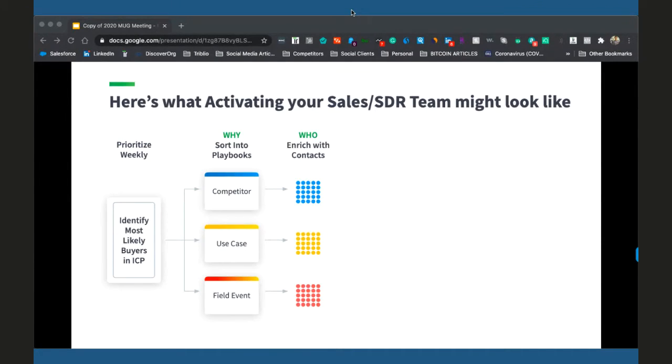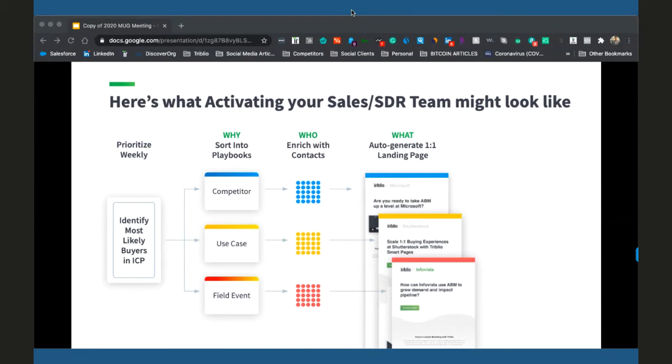So enriching their contacts. And you definitely want to consider creating one-to-one types of assets that they might use within their cadences. So we have a solution for that, but you can do that manually, right? You can create industry-focused landing pages through Marketo, and then use those as a part of your plays.